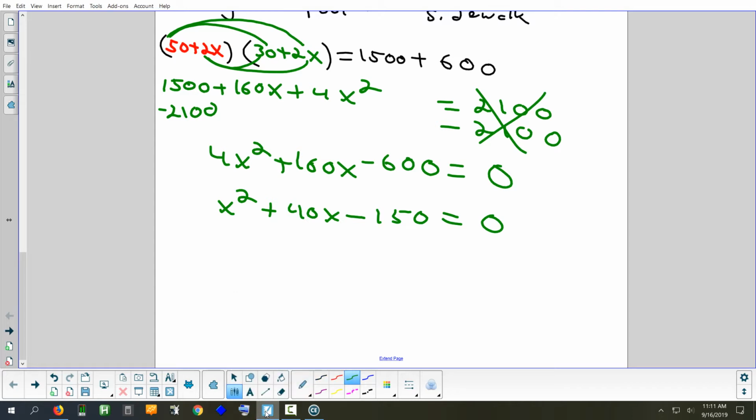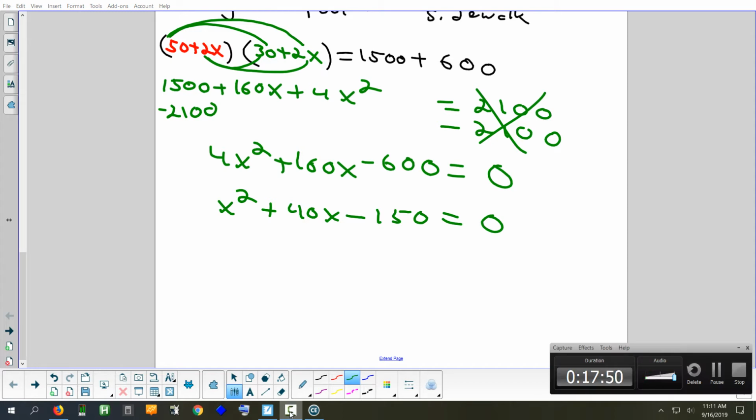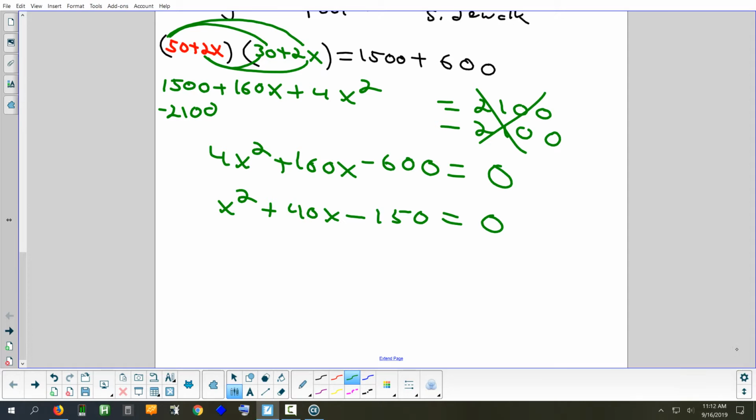So, what's another way you can solve a quadratic equation if you can't factor it? Substitution. You can do substitution when you have a system of equations, like y equals 2x plus 7 and y equals 8x minus 5. Then you can use substitution to solve.